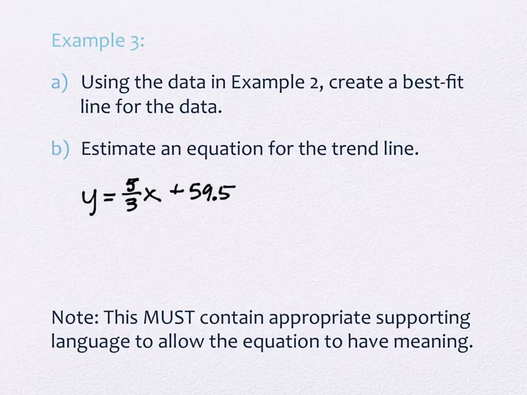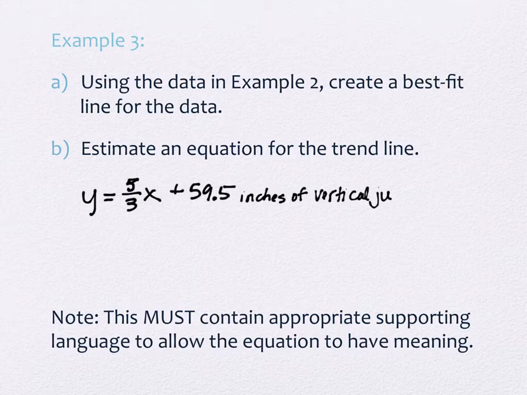So over here, this is inches. That's the minimum you have to write down. You have to write down inches. If you want to be more specific, you can. So this would be inches of vertical jump height. Again, your choice if you want that piece right there, but the inches has to be there. Inches comes out of this thing.